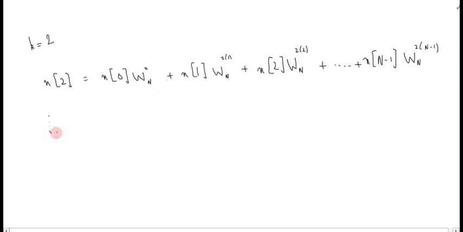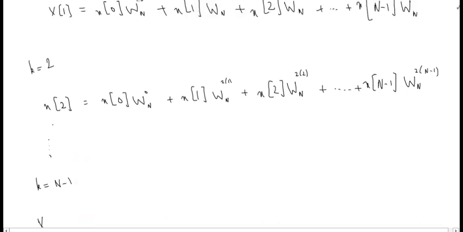So doing the same thing for k equal to N minus 1, please correct it, it is capital X of 2 above.